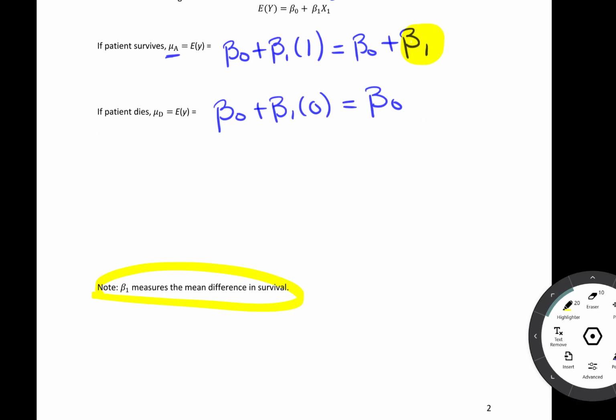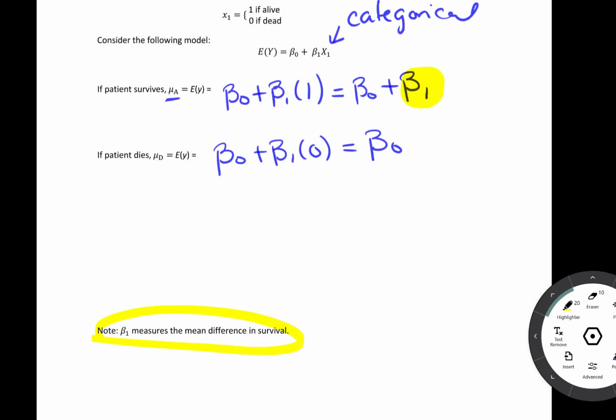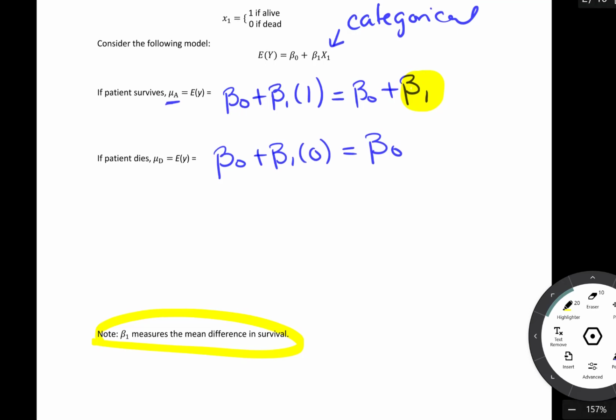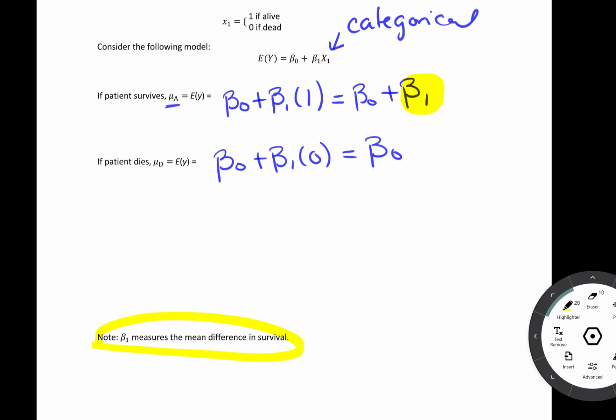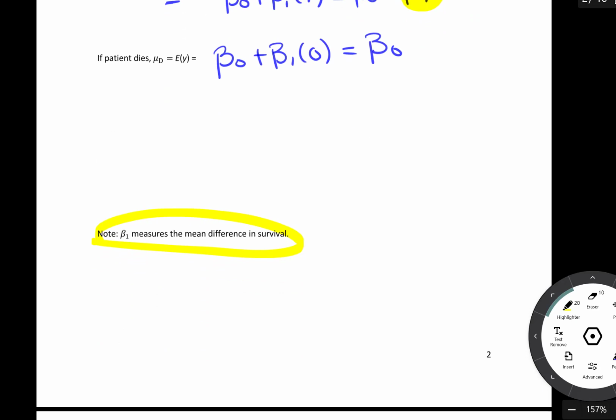That beta 1 term is really what's telling us about the mean difference between the two possible values for x1, in other words, the 0 and the 1. Really what is going on here is we're creating two separate lines: one line for those that survive, or that are alive, and one line for those who die.